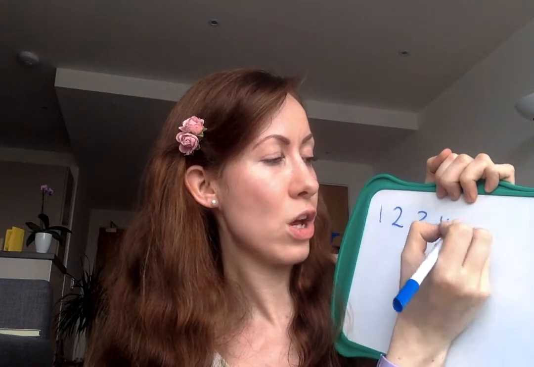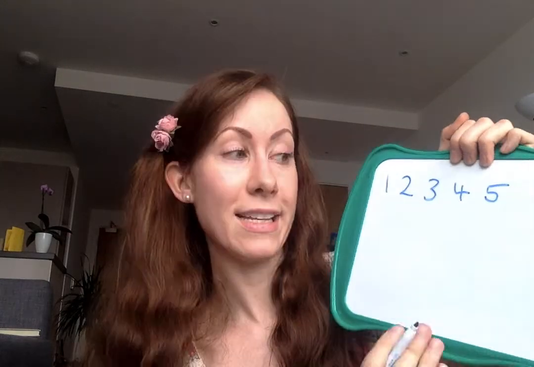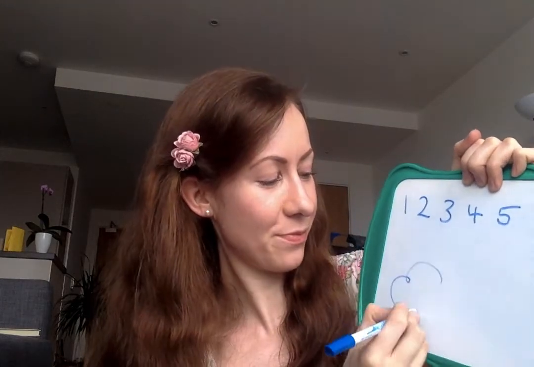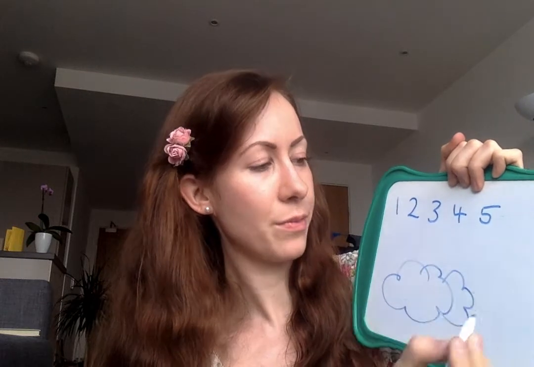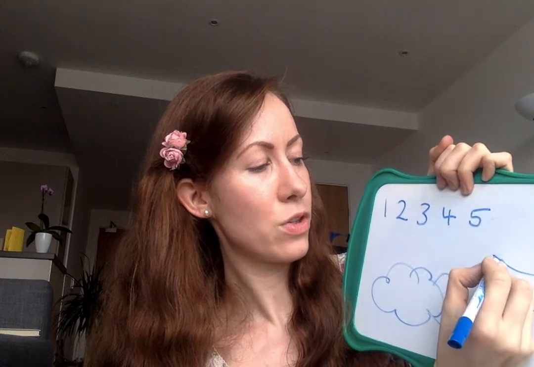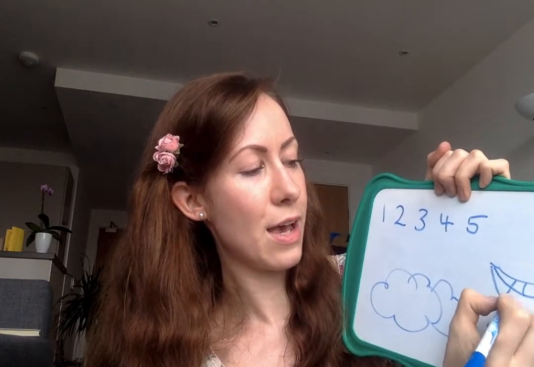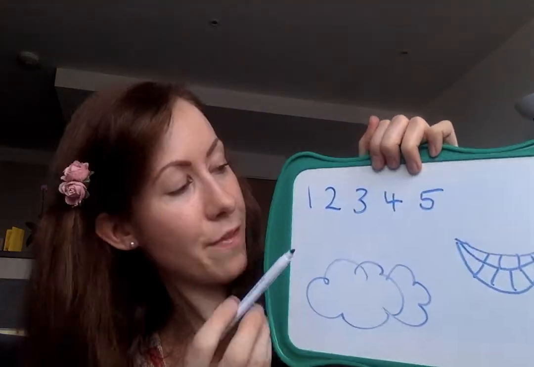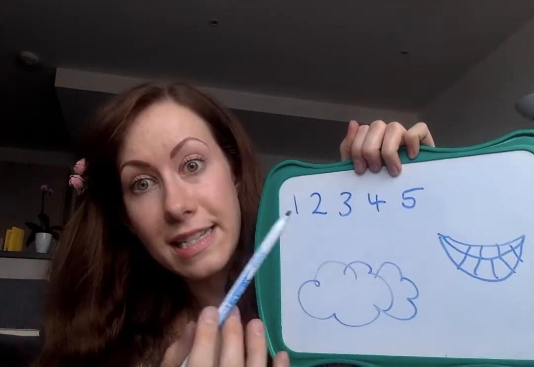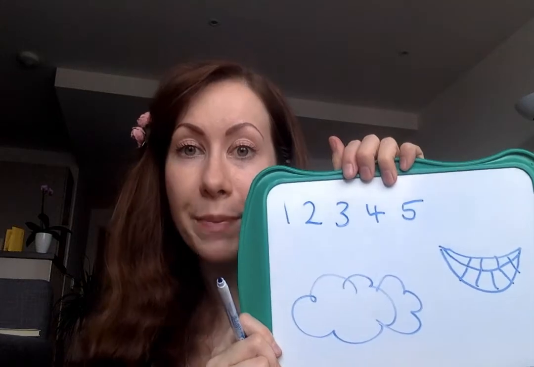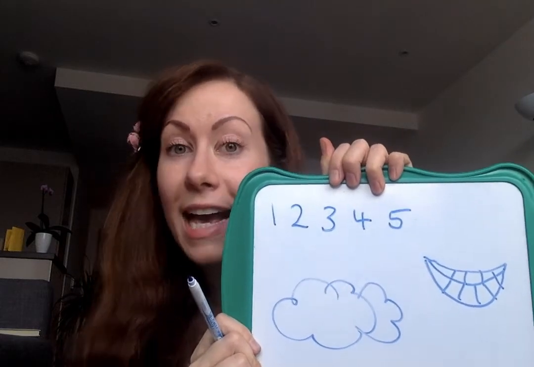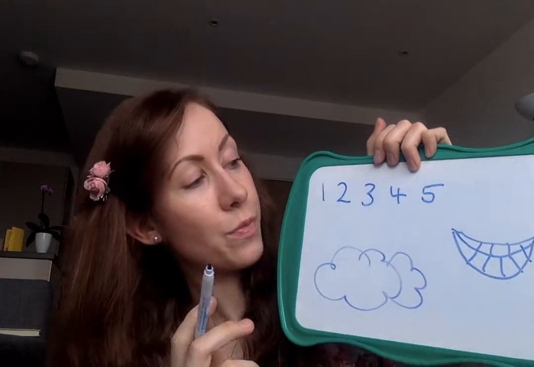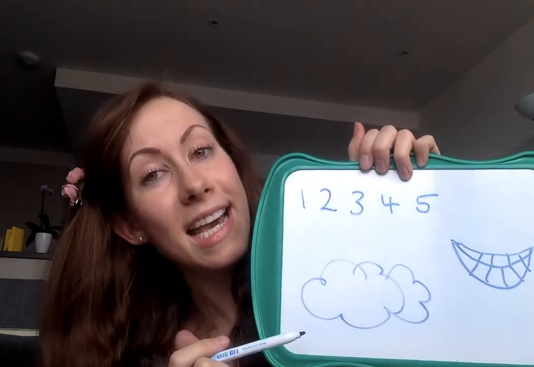So remember that my drawing, especially on a whiteboard, is not always the greatest, okay? So just bear with me. Okay, so if I went 1, 2, 3, 4, 5, 6, 7, 8, 9, 10, what would I be doing? I would be counting. So the word we are going to write is count.